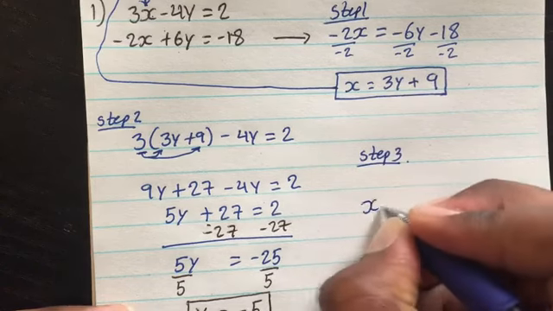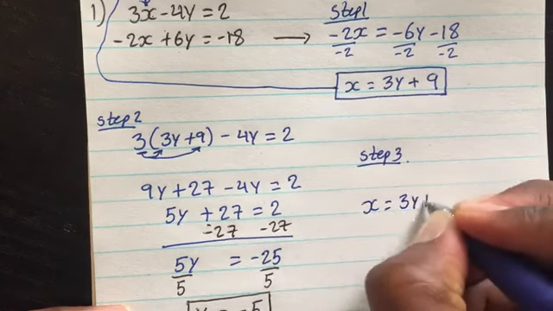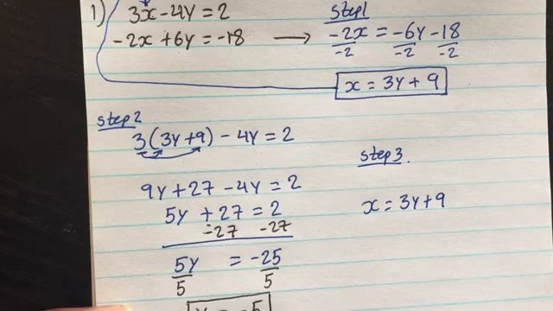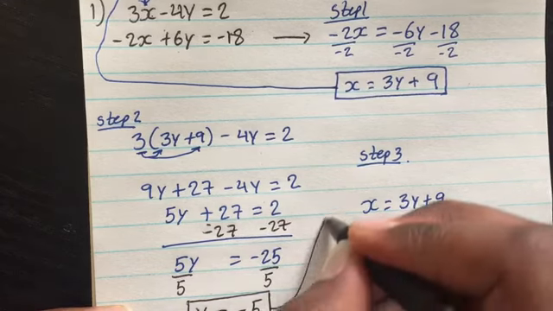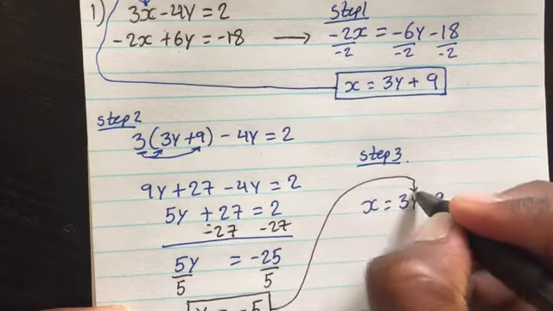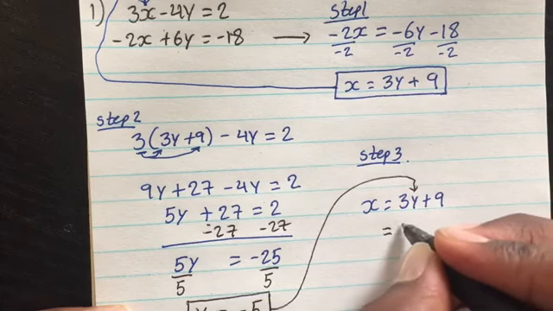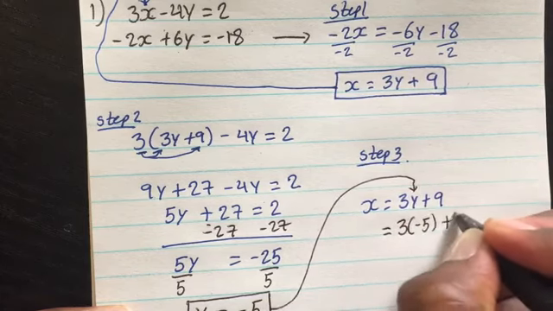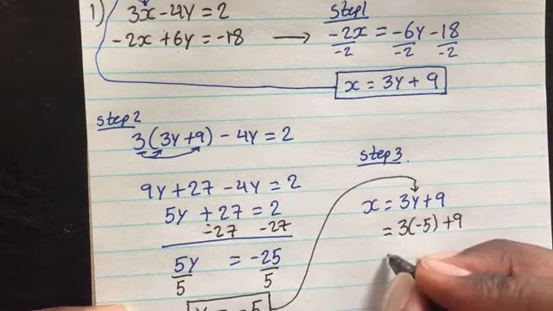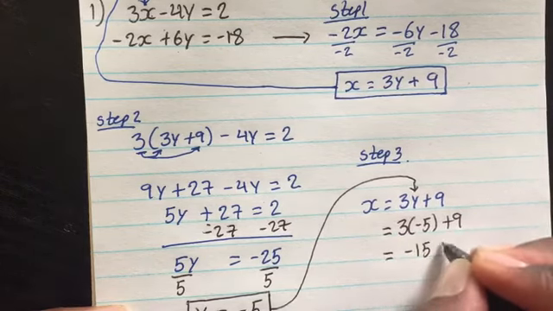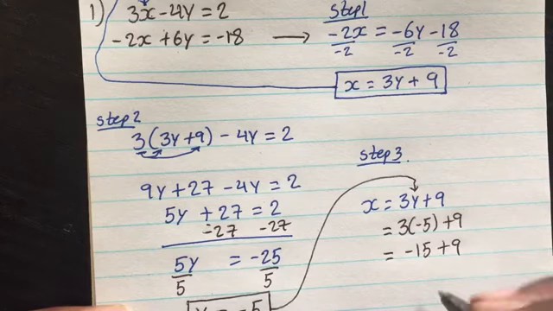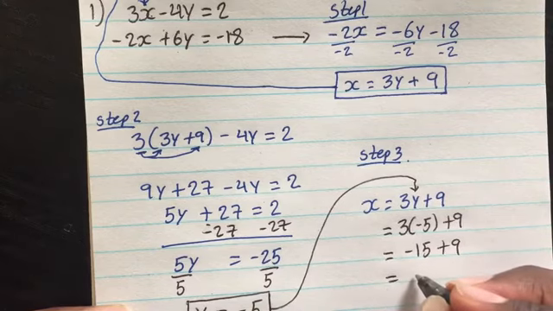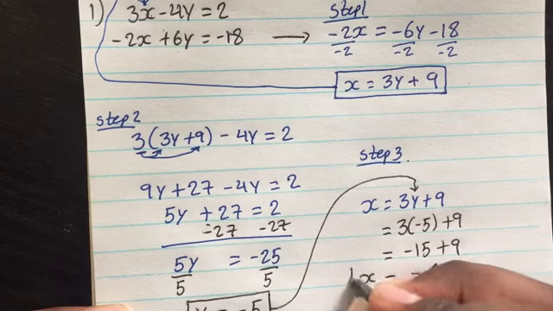So if x equals 3y plus 9, you take the y value and substitute right here. This would be equal to 3 times your y value plus 9, which equals negative 15 plus 9 equals negative 6. So this is what x is equal to.